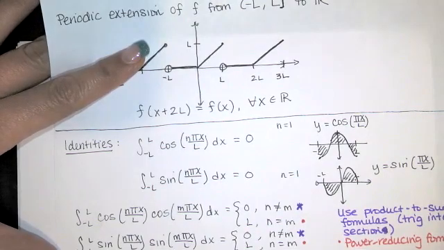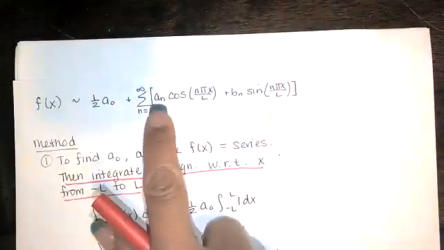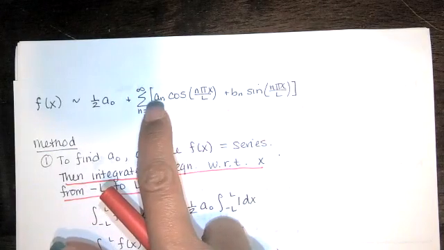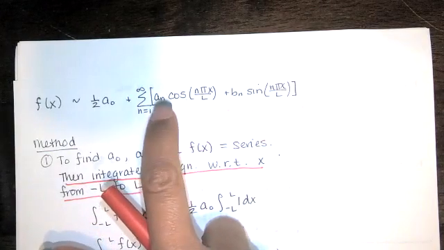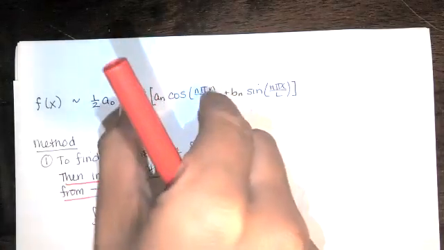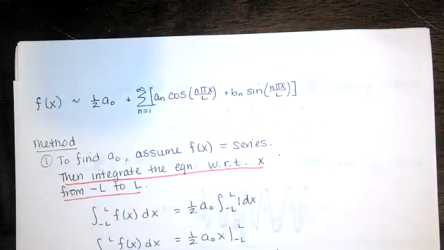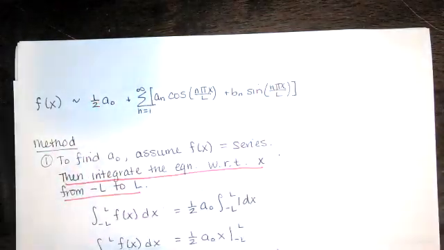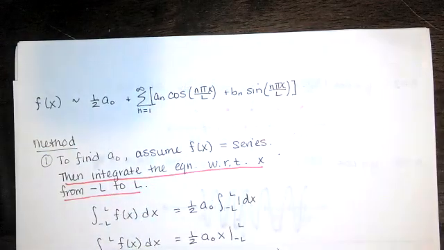Now, if I want to find the a sub n, which is right here, it's multiplied by a cosine function. The way I get that a sub n by itself is I need to multiply by something so that this term doesn't disappear when we integrate from negative L to L. I don't want the integral from negative L to L of this times something else to be gone.